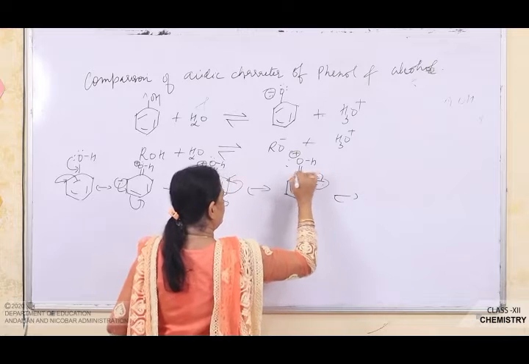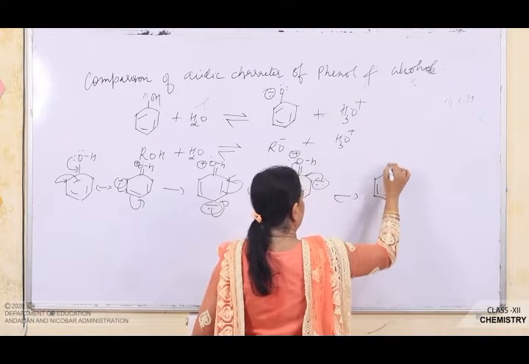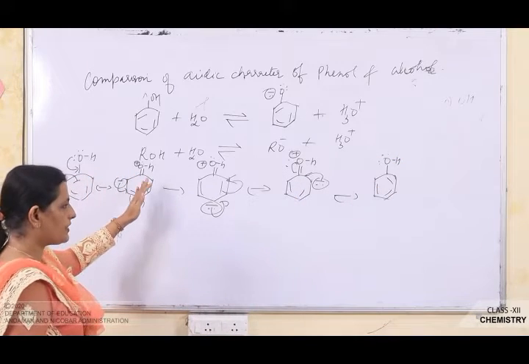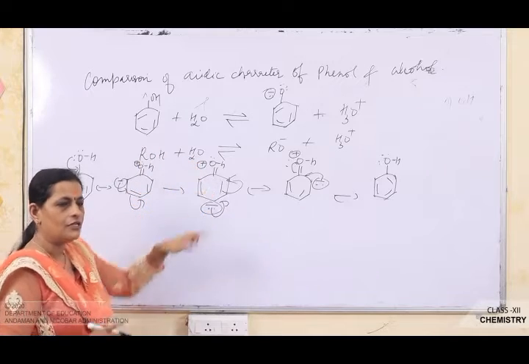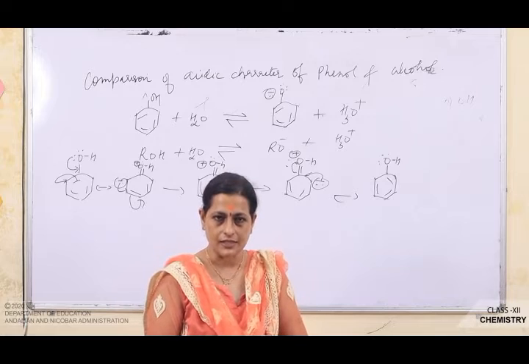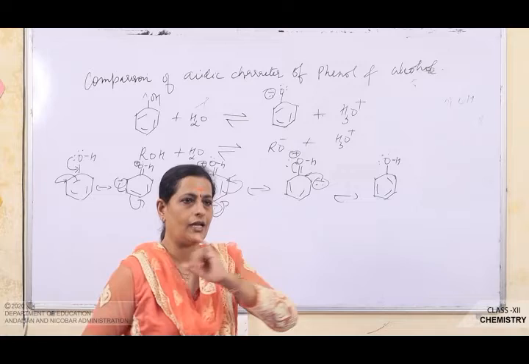The next structure. So now in phenol, due to resonance stabilization, oxygen is getting what charge? Positive charge. So what will happen to the polarity of the OH bond? The polarity of the OH bond increases. So that is one reason why phenol is a stronger acid than alcohol.